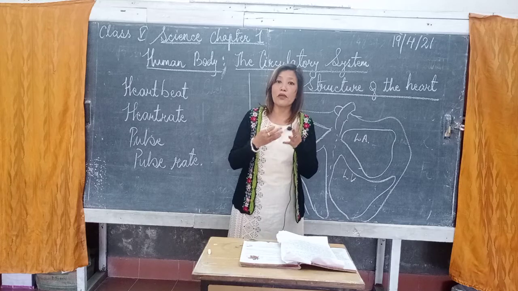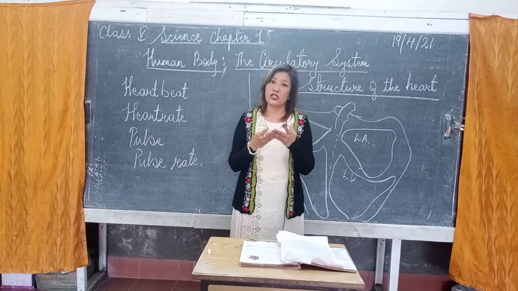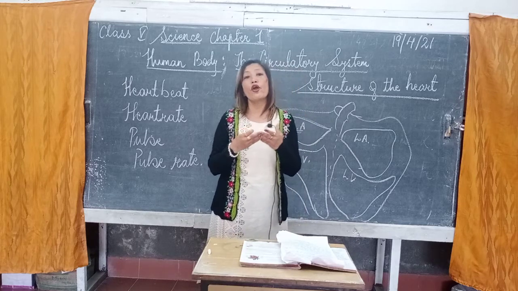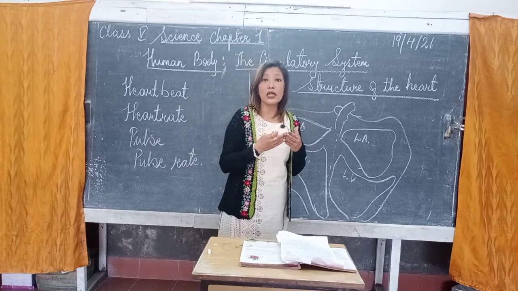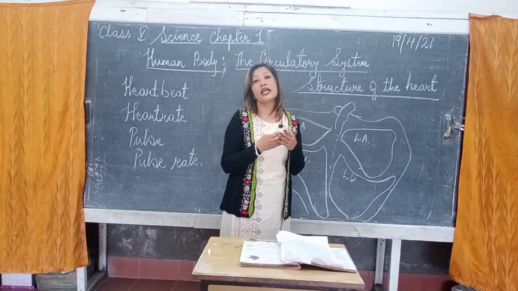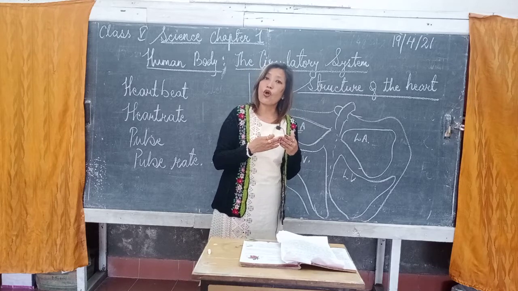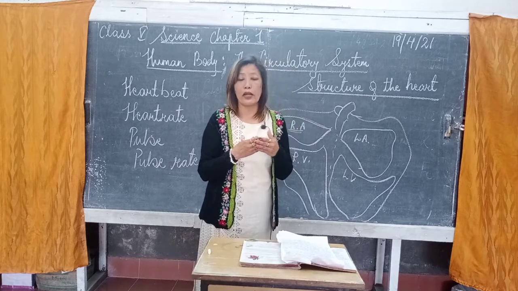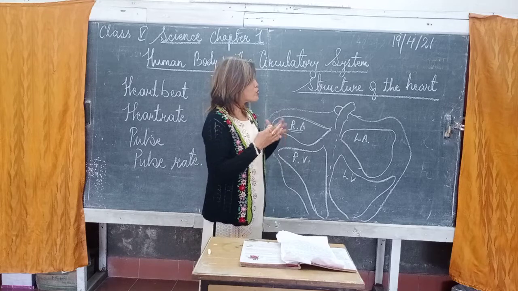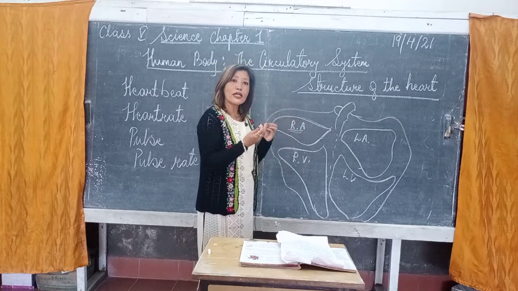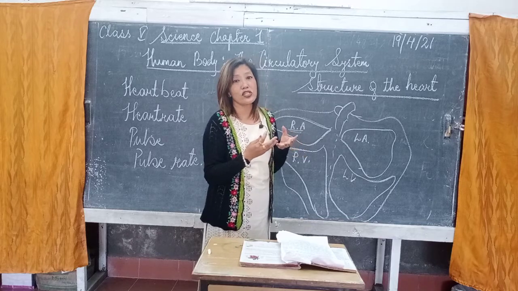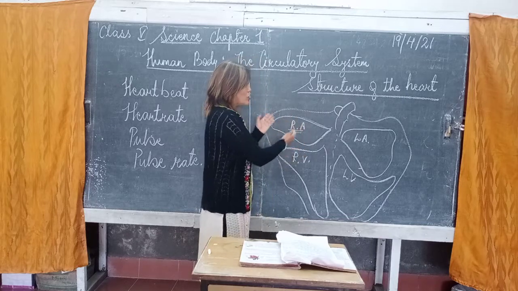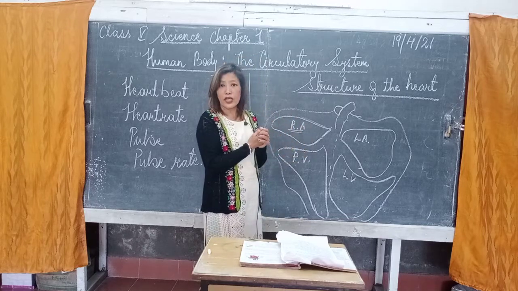Oxygenated blood means the blood containing oxygen, which is also called pure blood. Deoxygenated blood means the blood rich in carbon dioxide, which is also called impure blood. These 2 types of blood circulate through the 4 chambers of the heart.